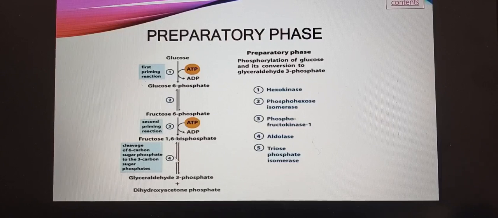In the fourth step of glycolysis, fructose 1,6-bisphosphate is split into two molecules: one is called phosphoglyceraldehyde and the other is DHAP, dihydroxyacetone phosphate. Both are interconvertible.